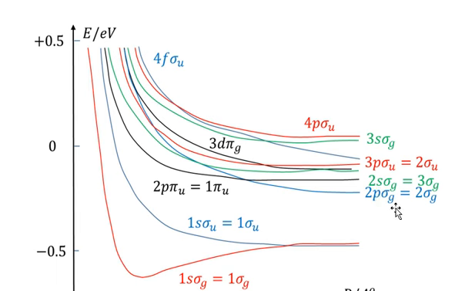There are also some states, for example, 2p sigma g is regarded as simply 2 sigma g, 2s sigma g is regarded as 3 sigma g, and 2p sigma u is regarded as 2 sigma u. And then I have another state which is 3s sigma g. So these are the 10 lowest states for the hydrogen singly ionized molecule.